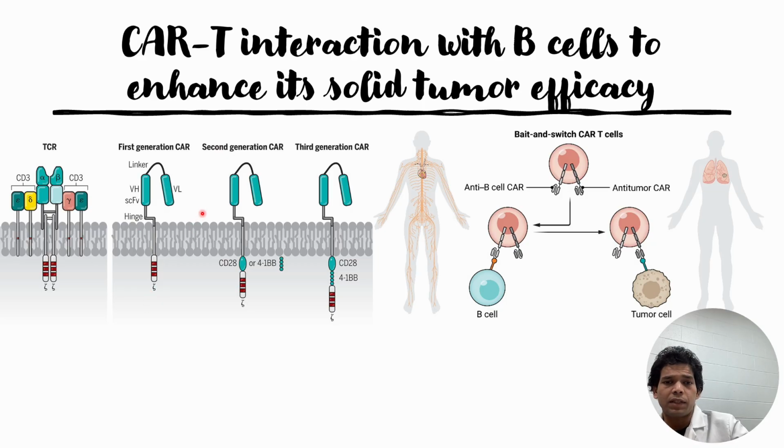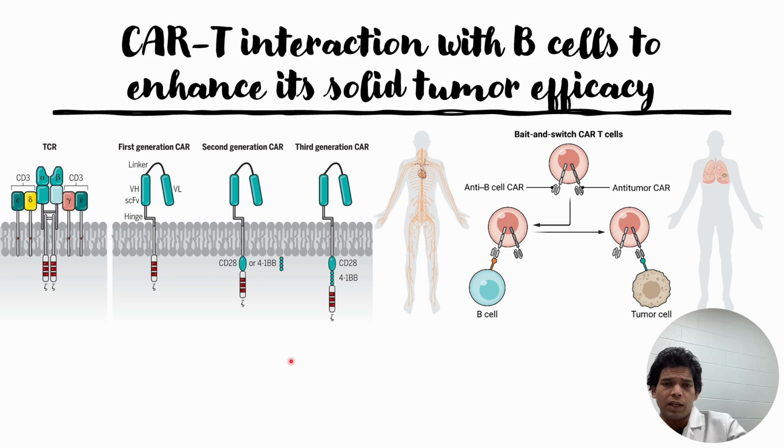In the second generation CAR, instead of just the CD3 zeta T cell activation domain, they also have a co-stimulatory domain. It will enhance the activation or efficacy of the T cells. It has one co-stimulatory domain that could be either CD28 or 41BB.